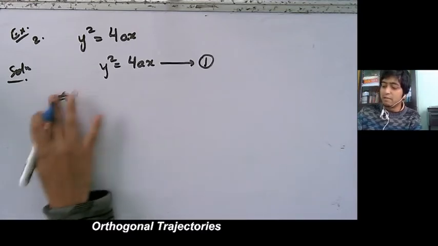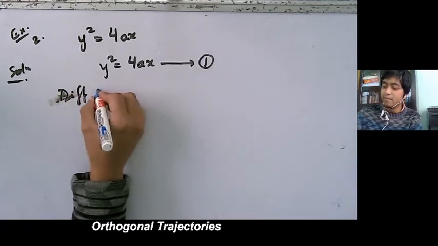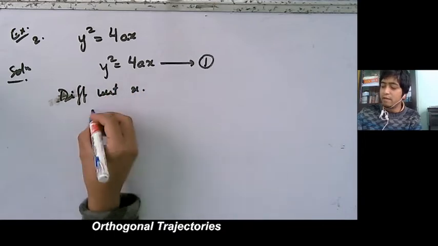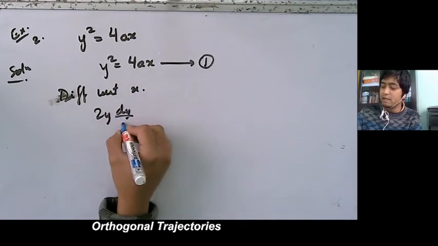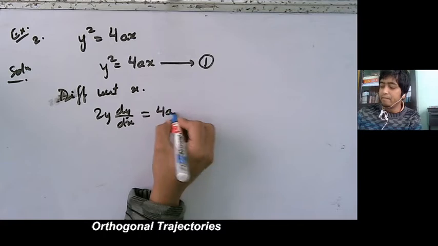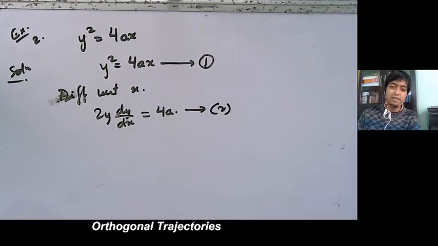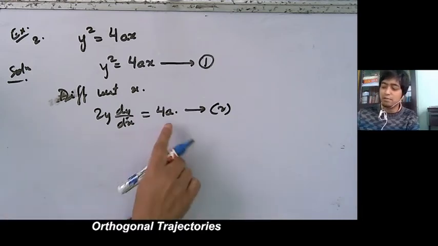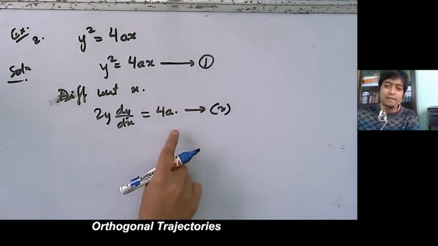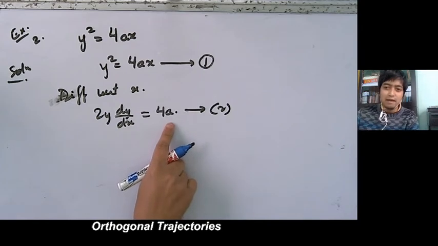Differentiating with respect to x, we will be having 2y dy/dx equal 4a. This one is equation 2. Now, the difference between this question and the last question was that in the last question there was no term a, but over here there is indeed this a. So what will we do?